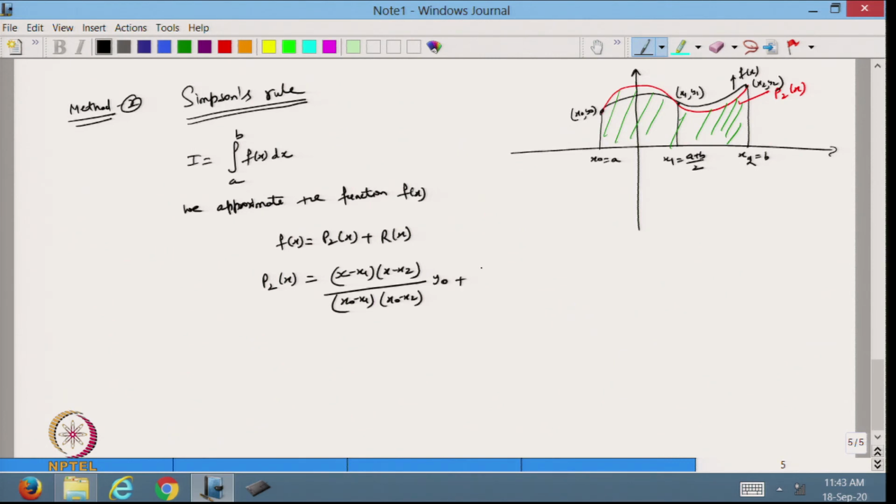Plus (x minus x0)(x minus x2) divided by (x1 minus x0)(x1 minus x2) times y1, plus (x minus x0)(x minus x1) divided by (x2 minus x0)(x2 minus x1) times y2.